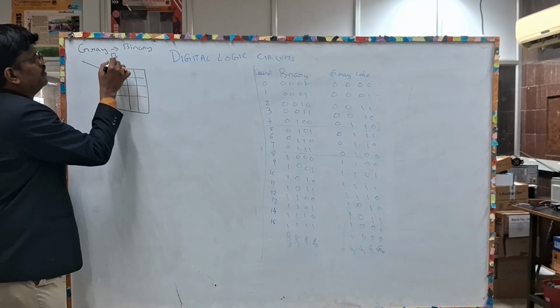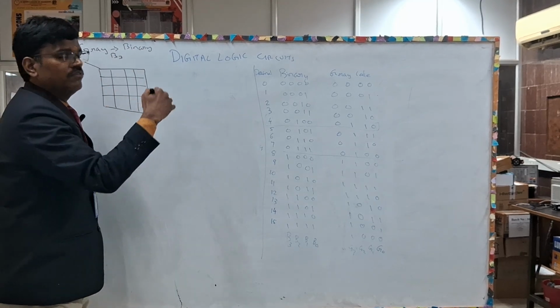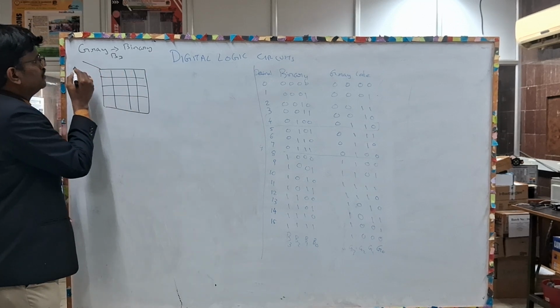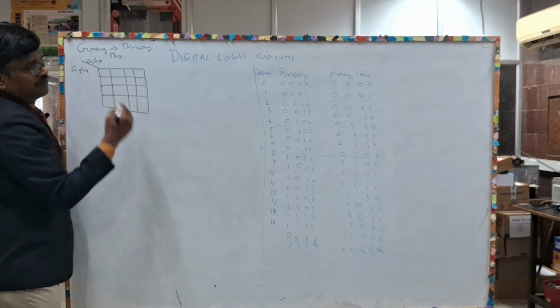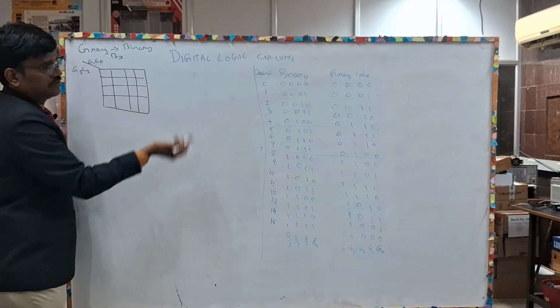We are supposed to find B3. Given will be the gray code, and for that we find the binary. So we have this K-map.